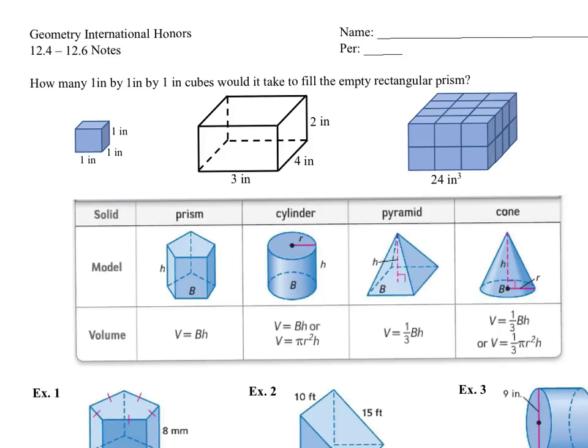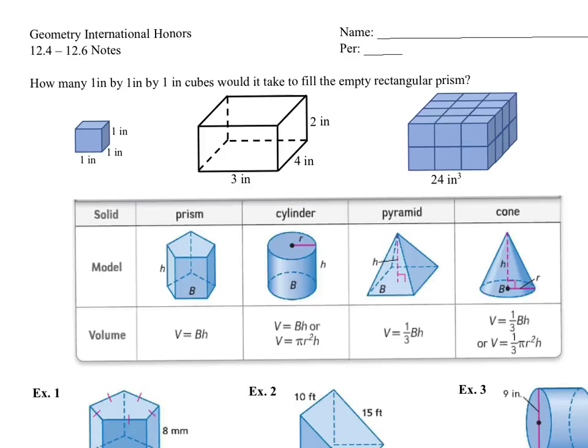So in other words, the volume of a cone with the same height and base radius as a cylinder would be 1/3 of the cylinder. So for pyramids and cones, make sure you have that 1/3 out in front of your formula. And remember, when you're talking about a cone, that base is always a circle, so we can be more specific and say 1/3 pi r squared times H.